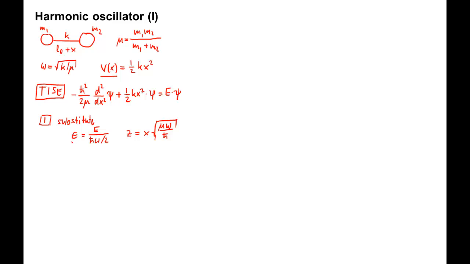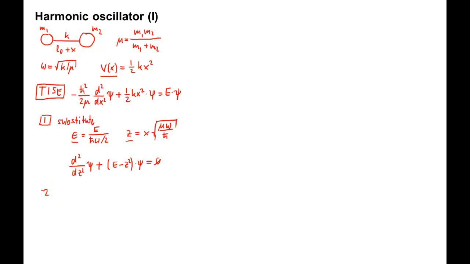Both epsilon and z are dimensionless. With these substitutions and a little bit of work, the differential equation reduces to d squared dz squared of psi plus epsilon minus z squared times psi equals 0. Now this looks definitely simpler than before.